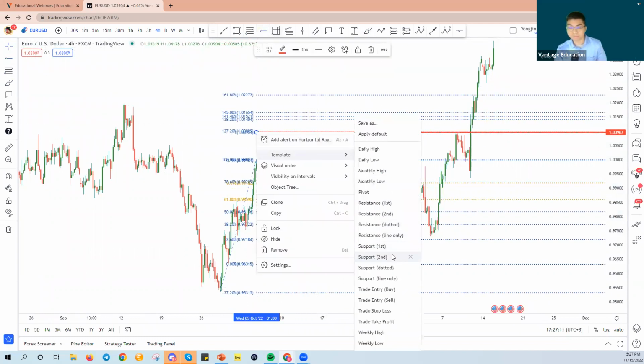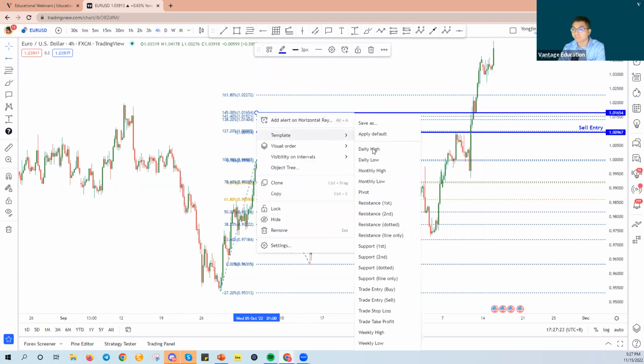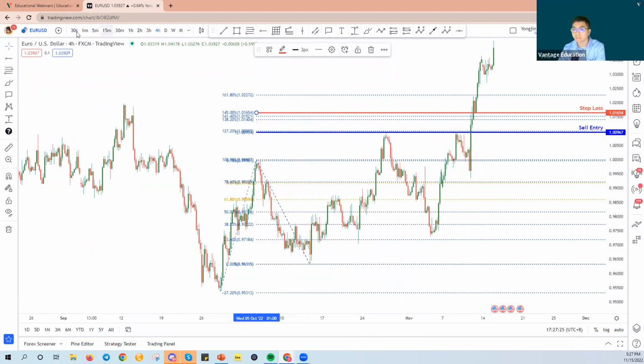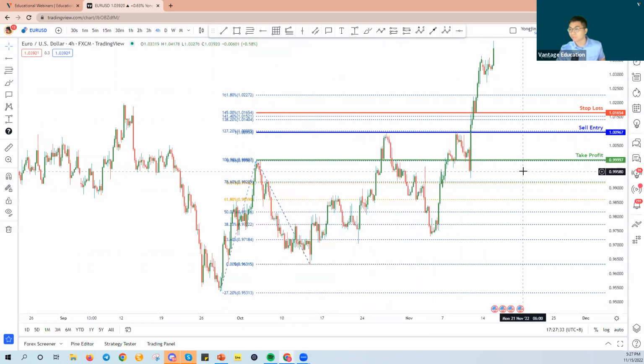You have a sniper sell entry. With your sell entry in play, your stop loss is at the 145% level, and your take profit is at the 100% Fibonacci line, right there. You're looking just to play a very short move to the downside.